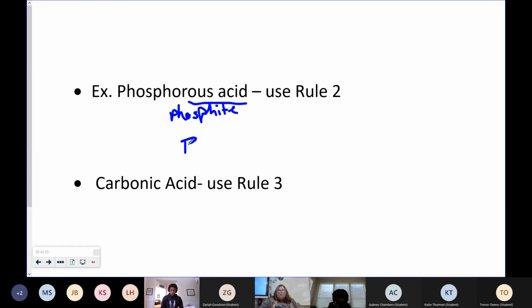Phosphite is PO3 with a -3 charge. All acids start with hydrogen. So if we balance our charges, we would need 3 hydrogens and only one of those phosphites. And remember, acids are going to be aqueous.